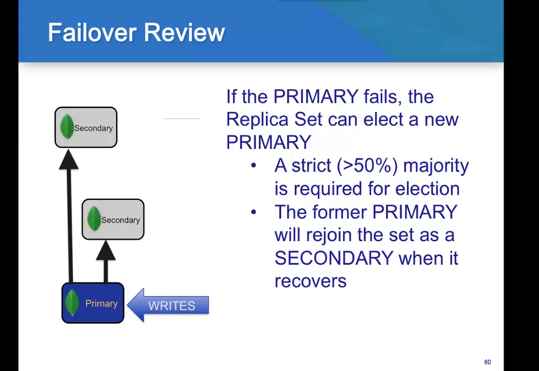If the primary fails, then the replica set can elect a new primary. A strict majority is required for that election. Then when the former primary recovers, it comes back as a secondary and copies in all the data that's been inserted or updated in the current primary since that node failed.